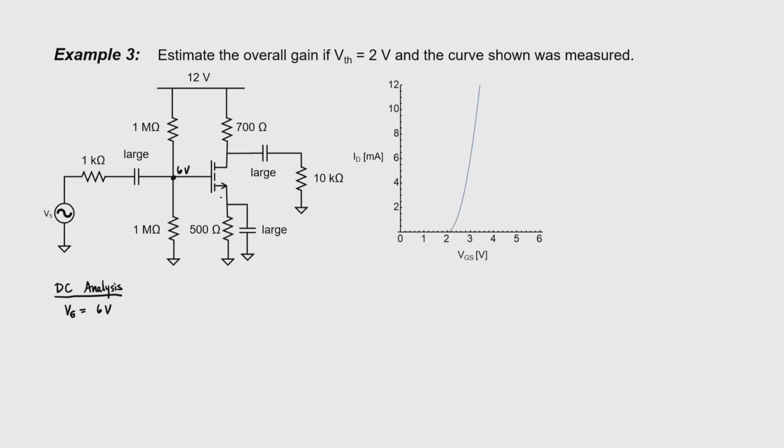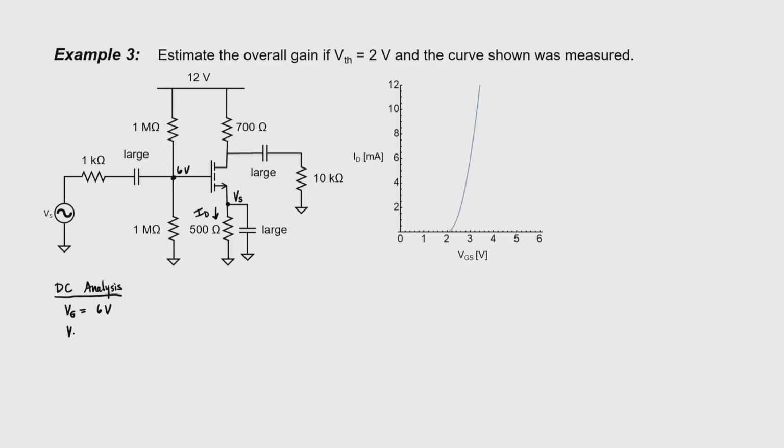In this case, though, we've been given a curve that relates the drain current to the gate source voltage. So let's try to be a little bit more accurate this time and get a feel for where the transistor is actually operating on this curve. First, I'm going to label the drain current I sub D on my circuit diagram. Let's call this voltage the source voltage.